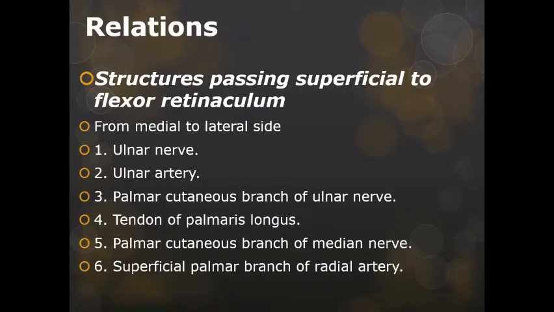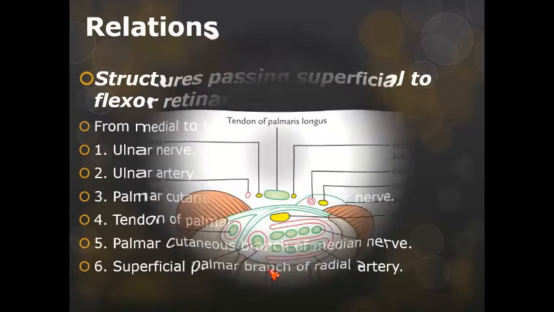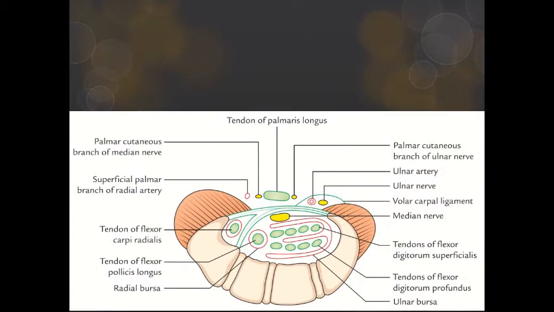Then the structures passing superficial to the flexor retinaculum, from medial to lateral, are the ulnar nerve, ulnar artery, then the palmar cutaneous branch of the ulnar nerve, then the tendon of palmaris longus, the palmar cutaneous branch of the median nerve, and the superficial palmar branch of the radial artery. These are all the structures which are running superficial to the flexor retinaculum.